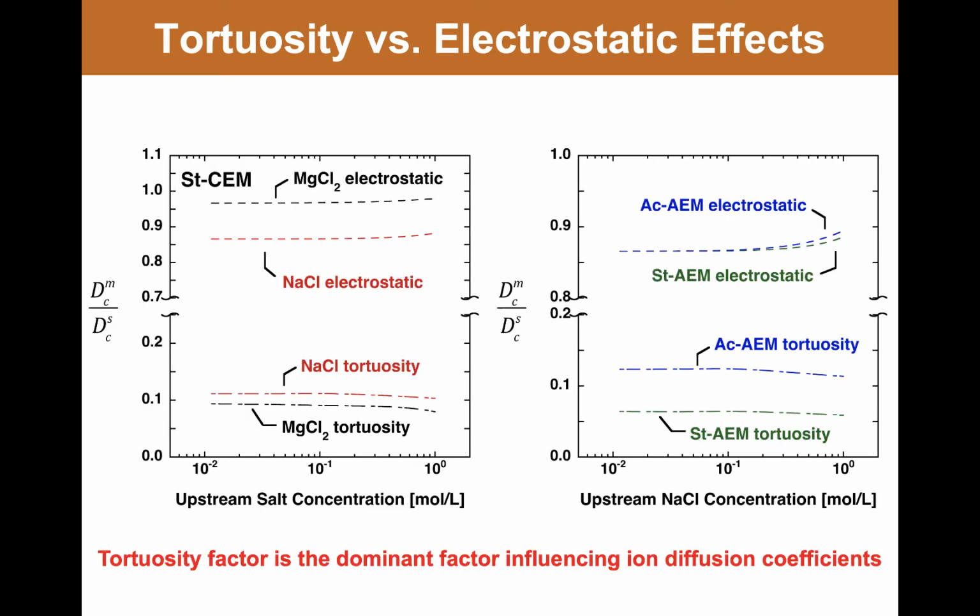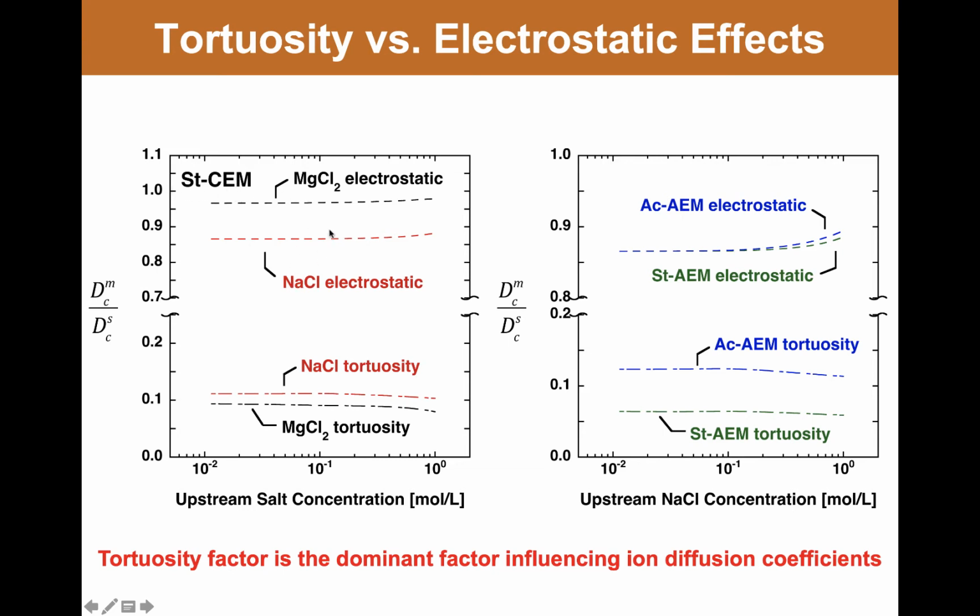So these plots are a little bit hard to follow, so let me break them down for you a bit. This is showing the diffusion coefficient of the coions, excuse me, in the membrane relative to the diffusion coefficient of the coions in solution, for two different salts in this particular ion exchange membrane.